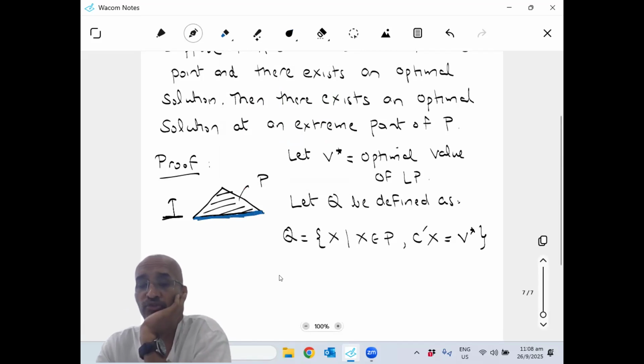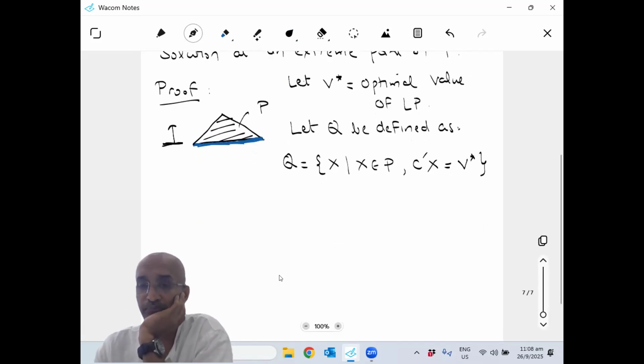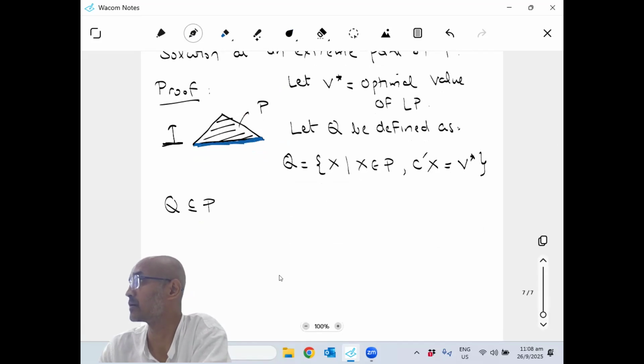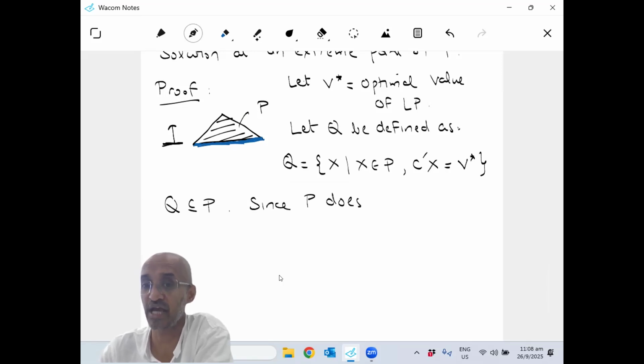So basically Q is the set of all optimum solutions to the LP. What do we know about Q? Firstly, Q is clearly contained in P, right? This is obvious because it's all points in the polyhedron which have a particular objective function value, which is attained. Since P does not contain a line, P has an extreme point.